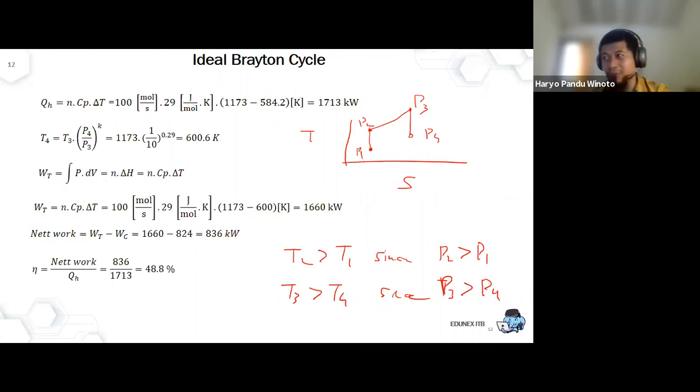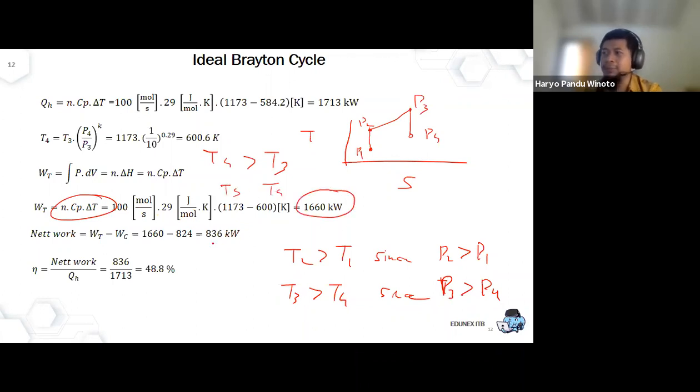Suppose you forget, and you get T4 somehow bigger than T3. What happens? You need to think, my calculation must be wrong, I wrongly applied the pressure. Then now we have n Cp delta T. Here this one is T3, here is T4.